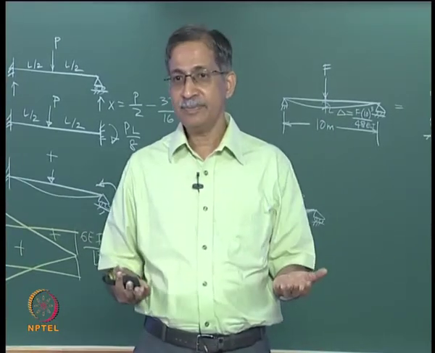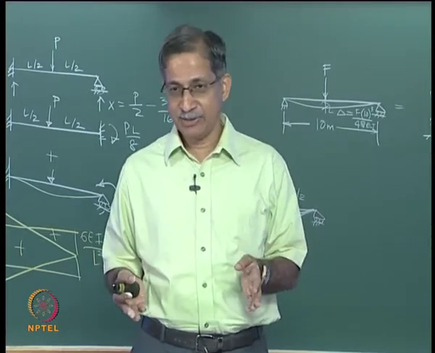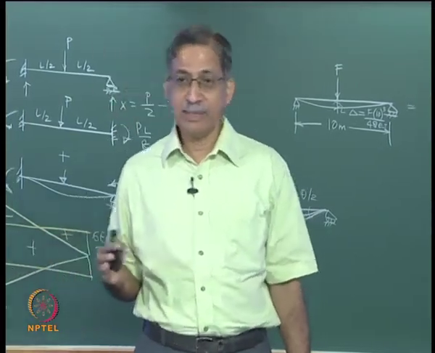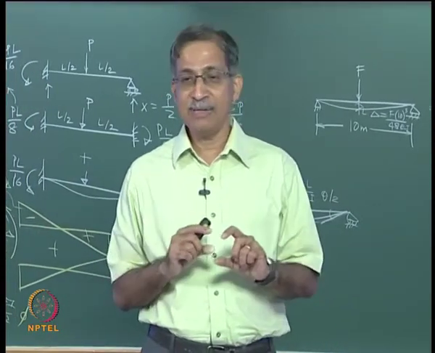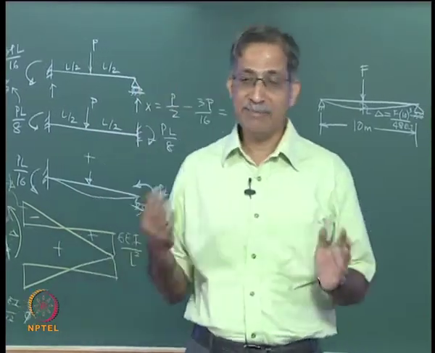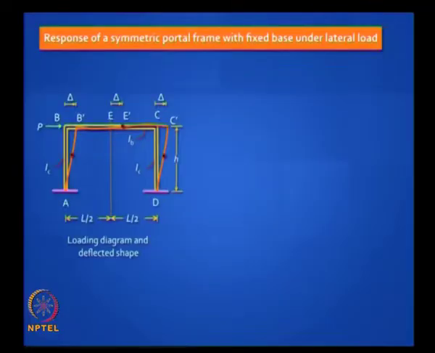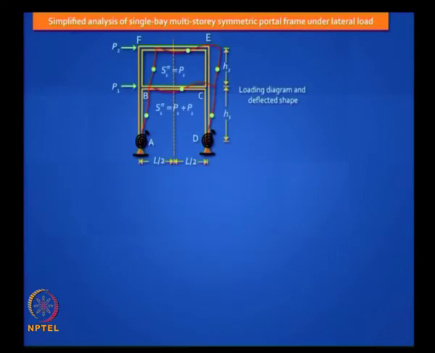Fix the bottom and the minimum value will be 6 EIC by H cubed and the maximum value will be 24 EIC by H cubed. So when your beam is infinitely rigid compared to the infinitely flexible case, the stiffness of the whole frame gets magnified by a factor of 4. You can write this in terms of lambda, finally it is between 6 and 24.